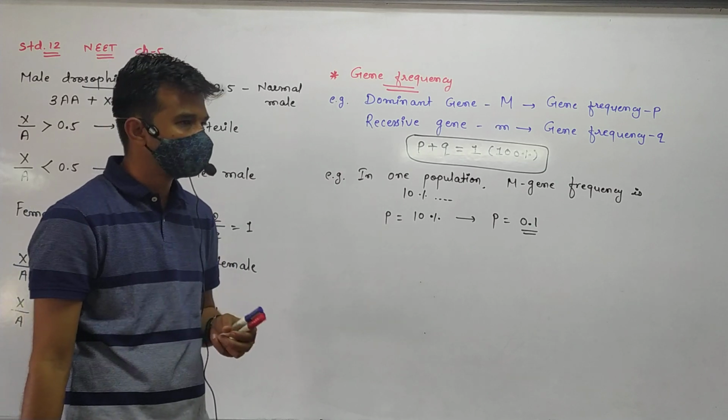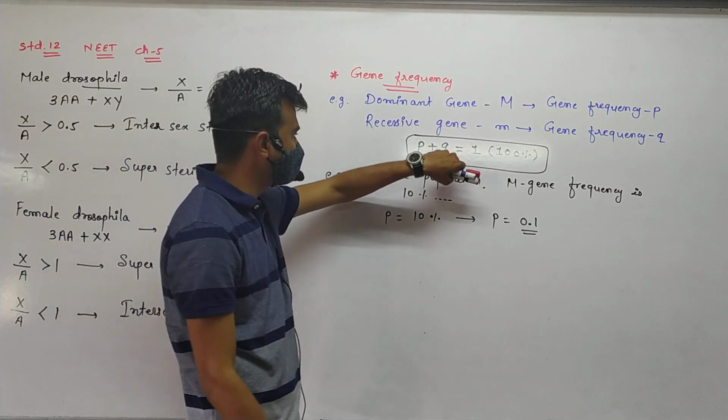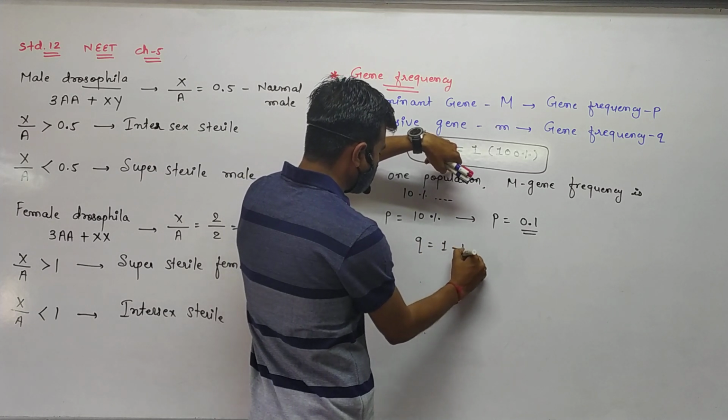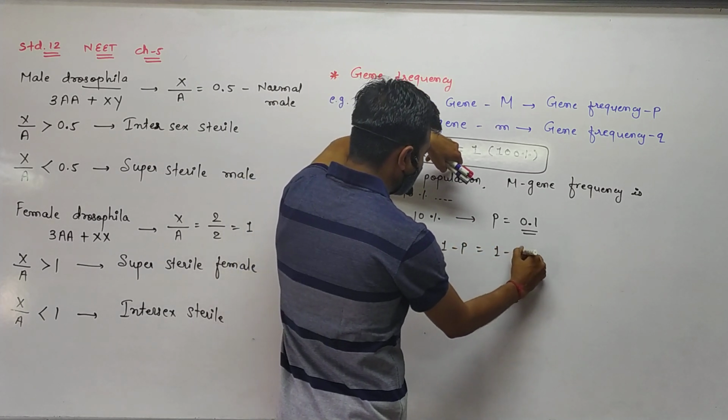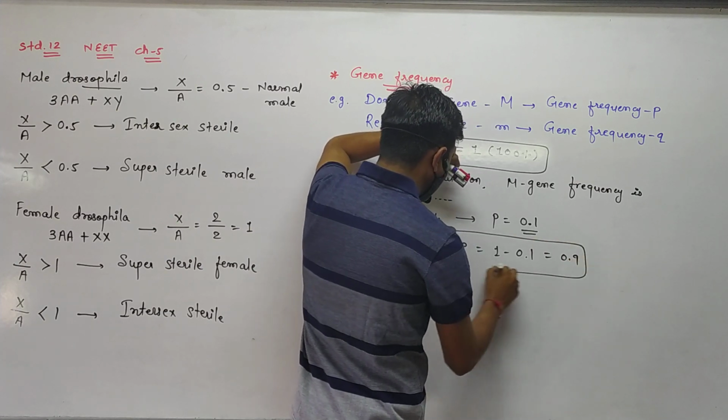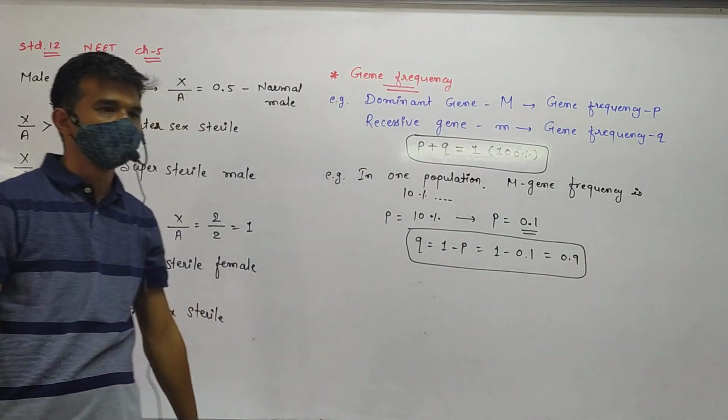If you know P is 0.1, then you identify Q. So Q is equal to 1 minus P. So 1 minus 0.1 is equal to 0.9. Clear?